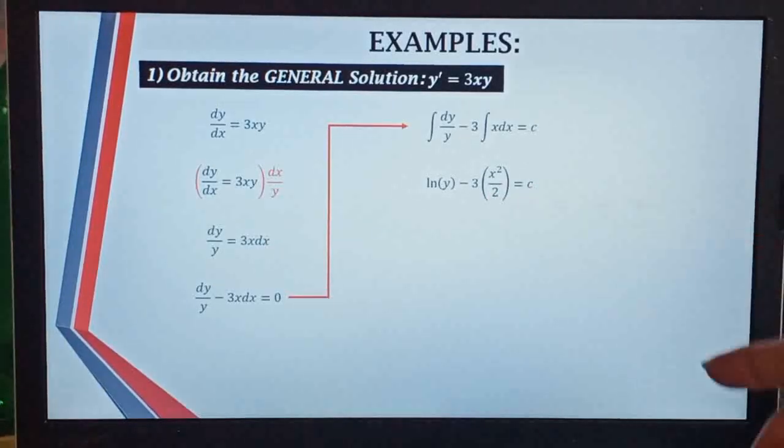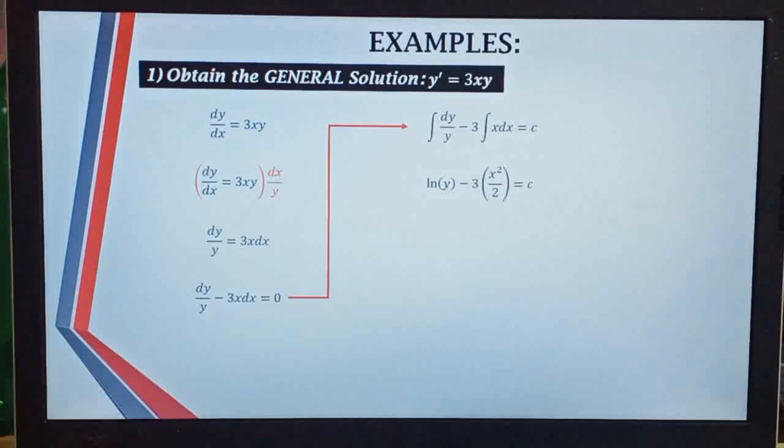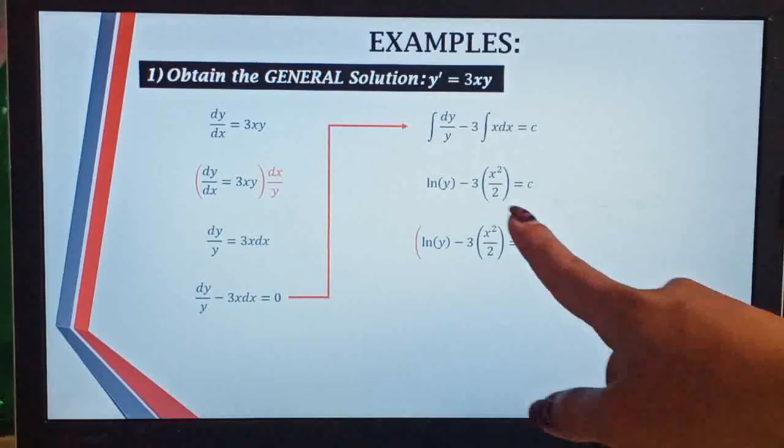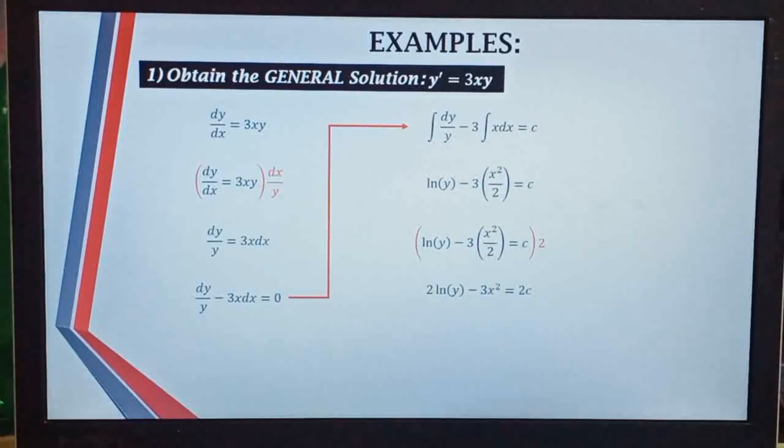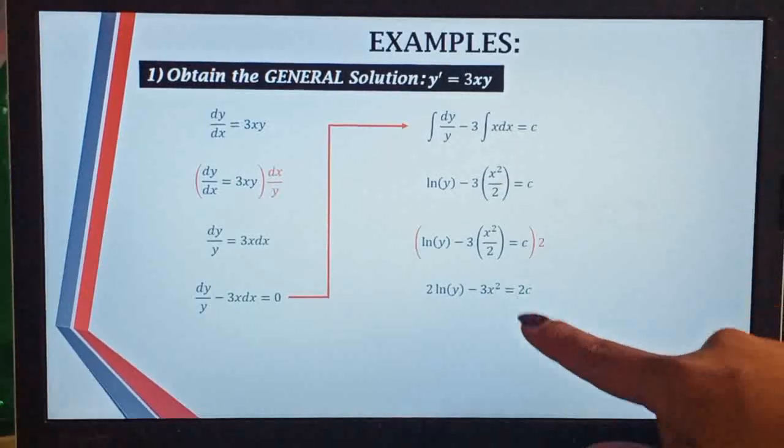Then, equated to c. Then, all we have to do is simplify the equation by multiplying it by 2, then distribute the 2 to all terms. You will now have 2 ln of y minus 3x squared equals 2c. You will notice that the last term is 2c.